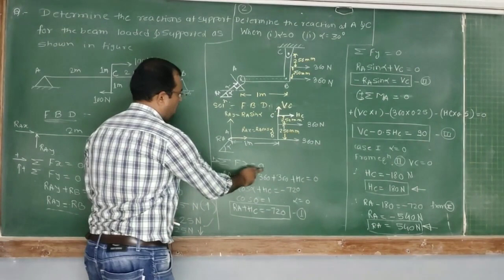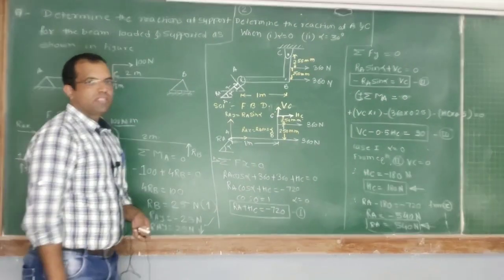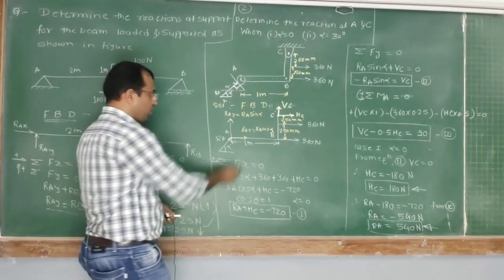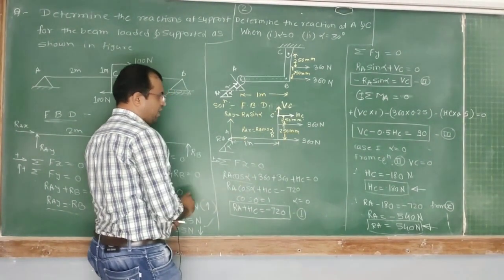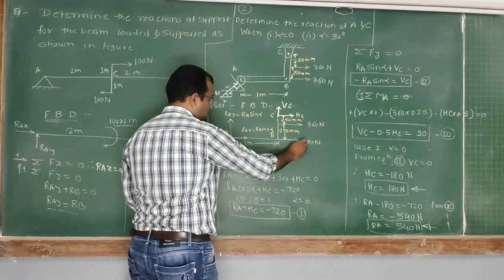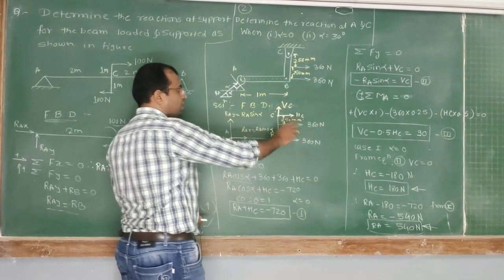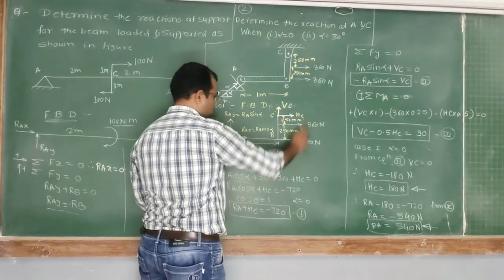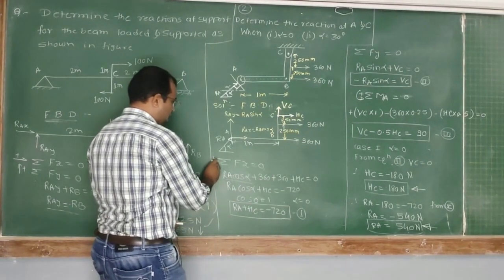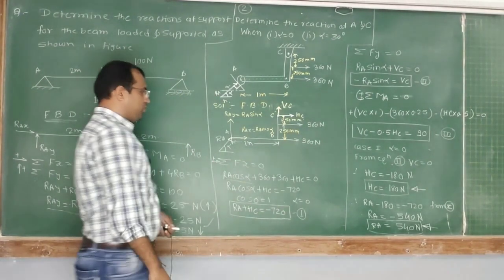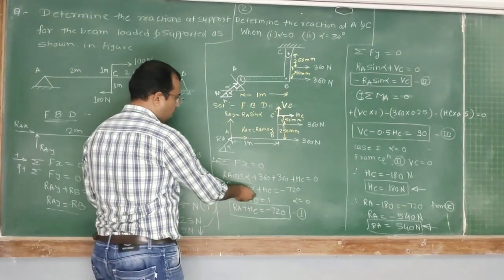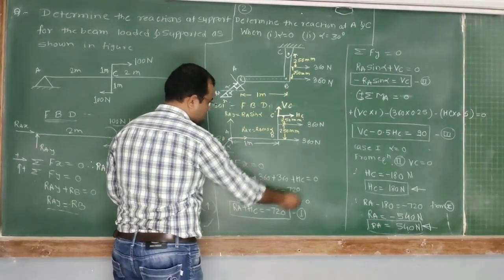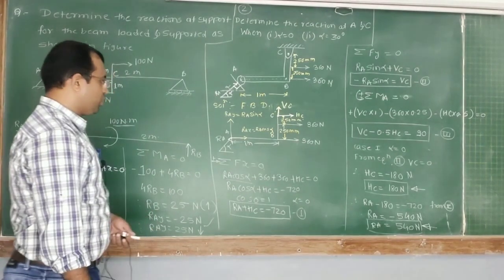Now summation of Fx, summation of all forces in x direction. So RA cos alpha, that is RAX, plus 360 because it is towards right, plus 360, plus HC is equal to 0. I have assumed the sign towards right is positive. After solving this, you will get one equation: RA cos alpha plus HC is equal to minus 720 Newton.